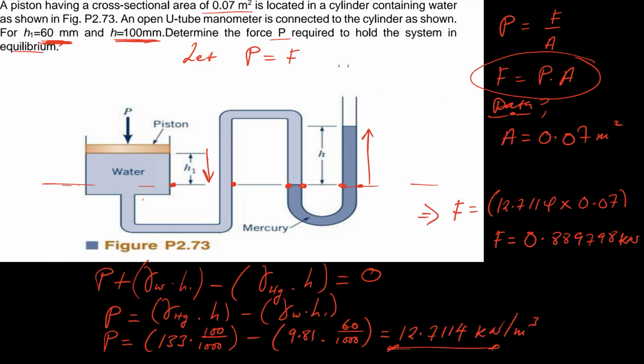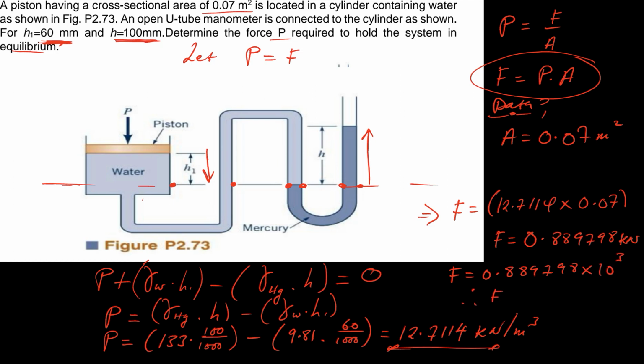But now this value doesn't really look the way we want it to look like, so let us convert this to newtons. So force is 0.889798 times 10 to the power 3.